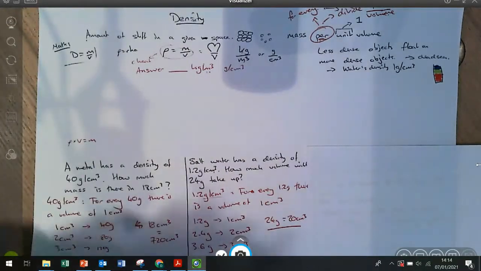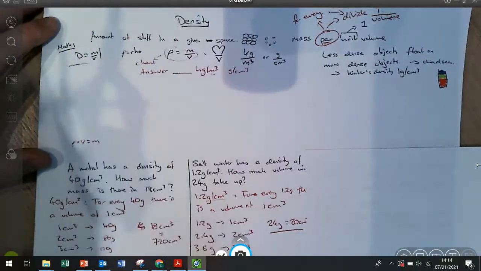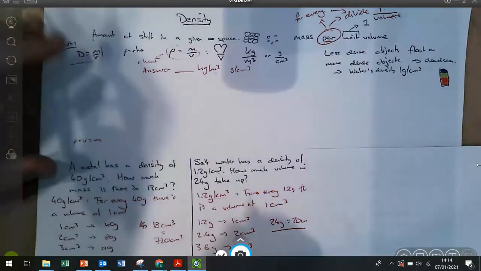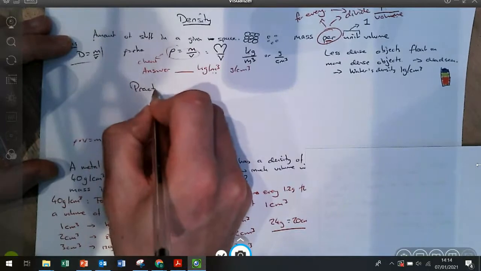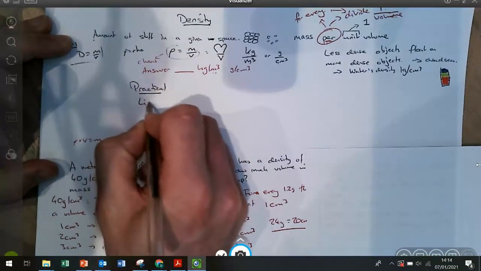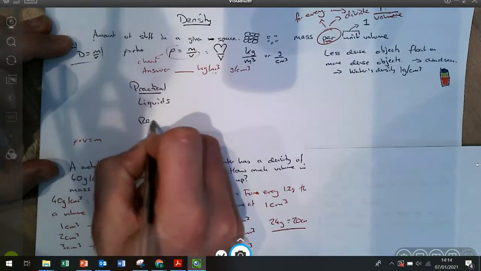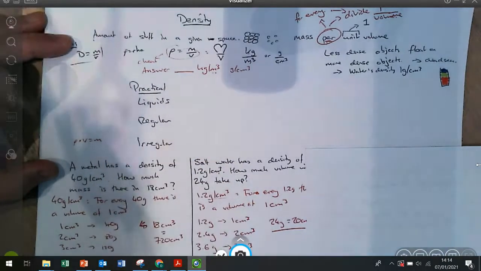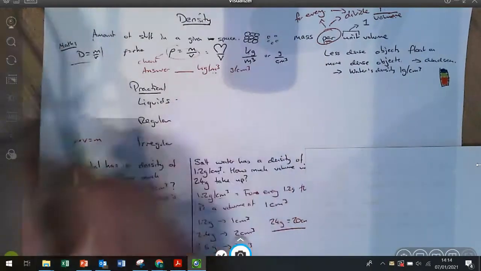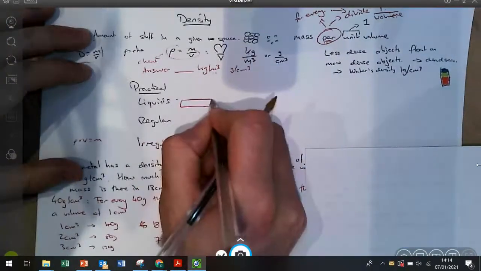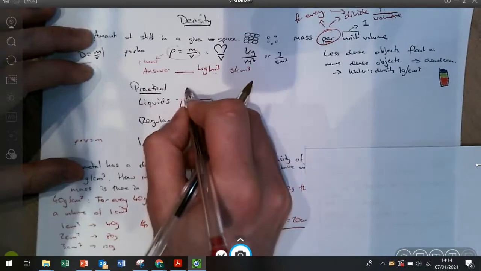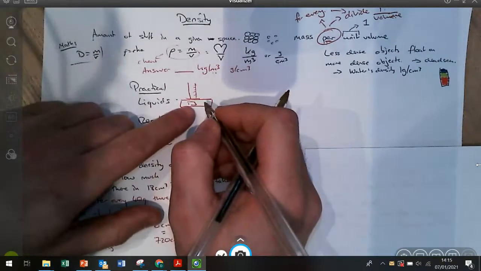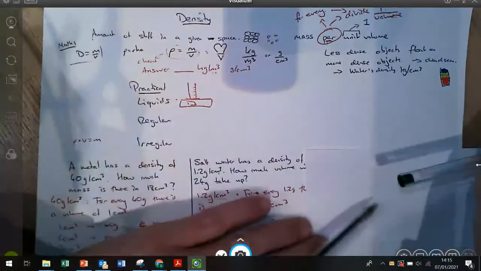So the last thing that students have to be able to do is carry out a practical to measure density. So this is really divided into 3 parts. This is divided into finding the density of liquids, regular objects, and irregular objects. So liquids is really easy. You get yourself a mass balance and you get yourself a measuring cylinder, and you fill it with your liquid.